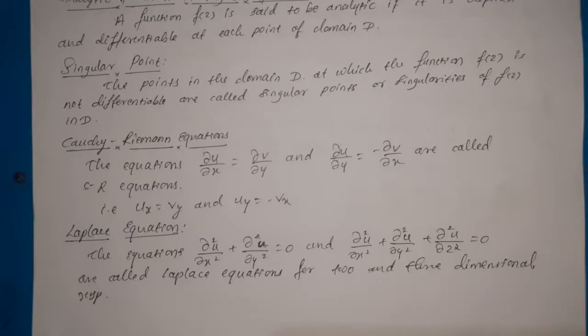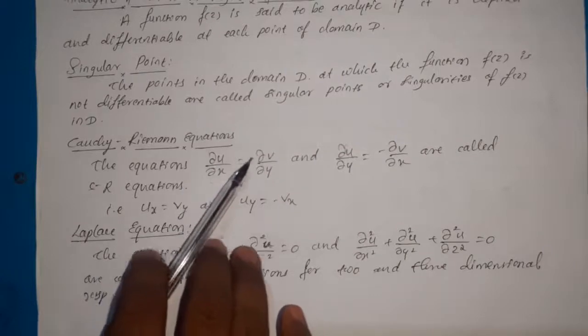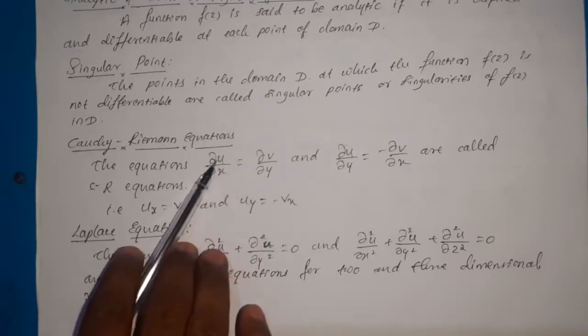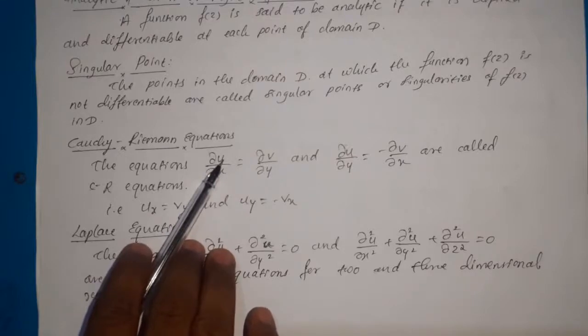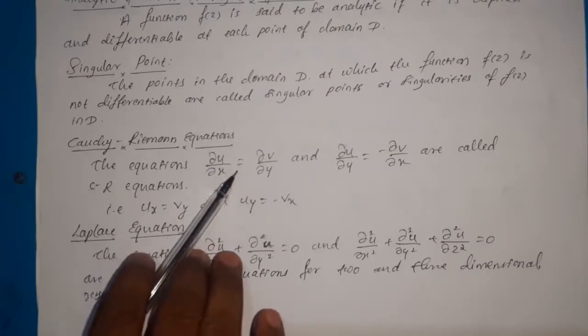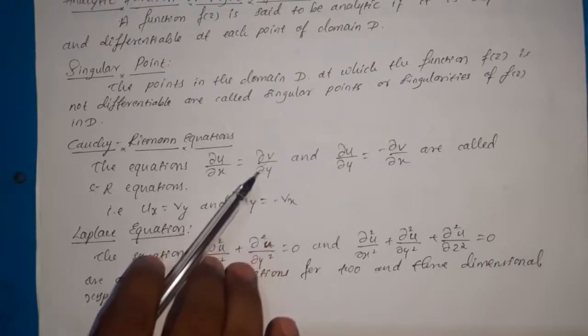Therefore, the Cauchy-Riemann equations are nothing but partial derivatives of the functions u and v. The first equation is dou u by dou x is equal to dou v by dou y, meaning the partial derivative of the real part with respect to x is equal to the partial derivative of the imaginary part with respect to y.